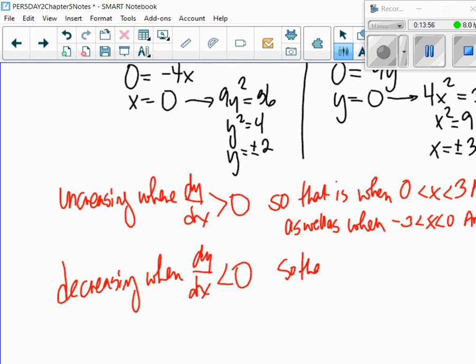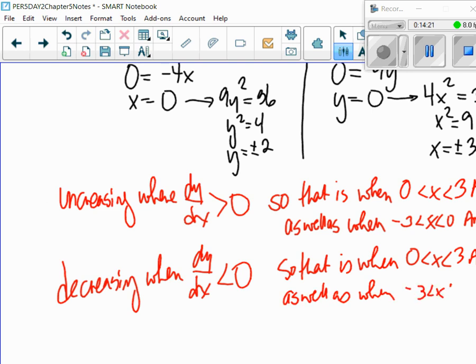So that is when that was negative when x was between 0 and 3 and y is between 0 and 2, as well as when negative 3 is less than x is less than 0 and negative 2 is less than y is less than 0. All right.